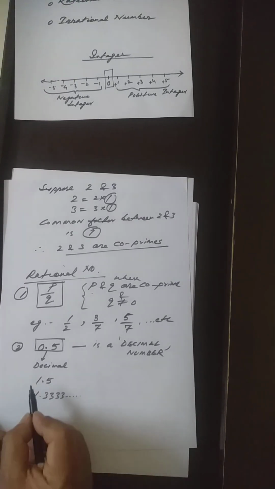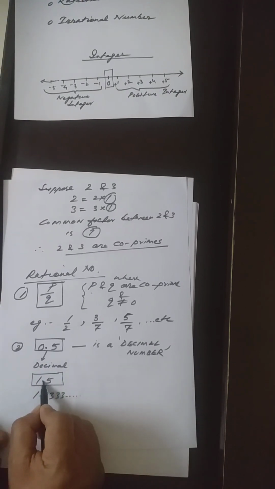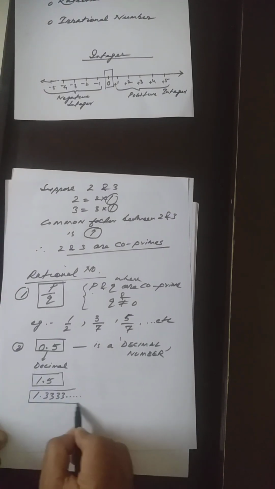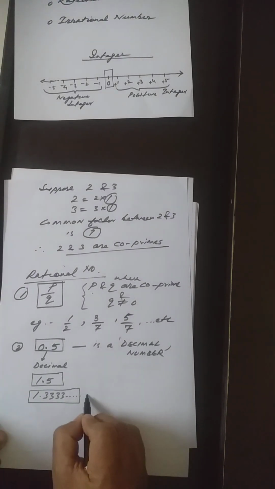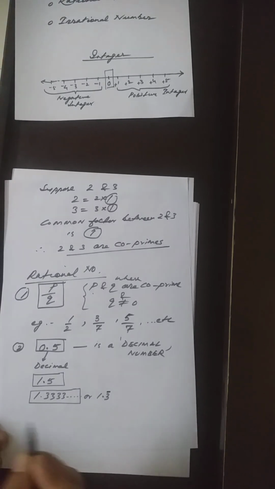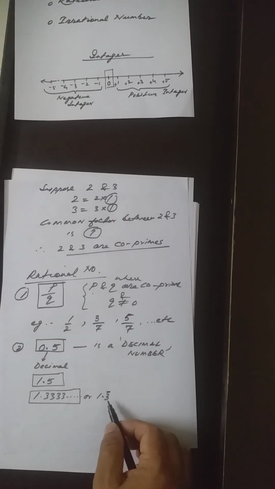Now you must see that we have the number 1.5 and another number 1.3333, which is also written as 1.3 bar. This bar shows that this digit 3 repeats indefinitely.